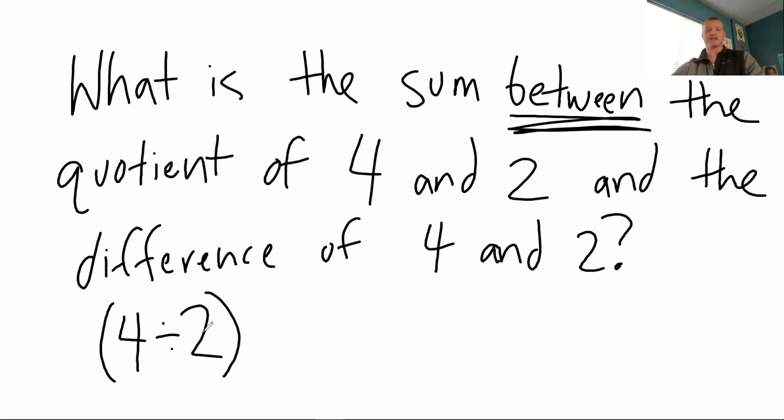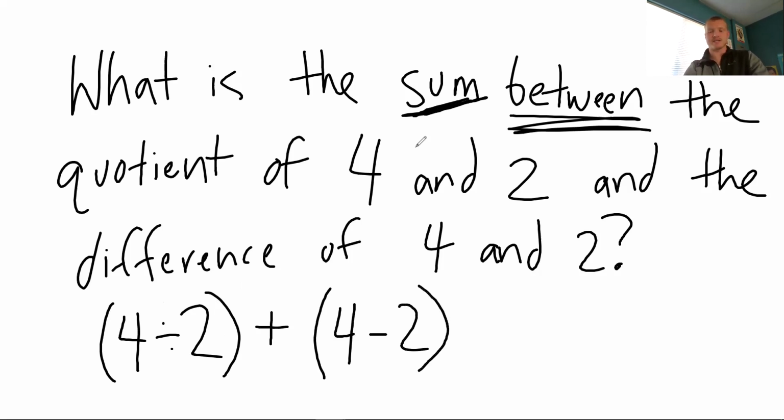So 4 divided by 2, that's my first set of numbers that I'm working with first. And then that's where I use the sum. And then I'm going to have the difference of 4 minus 2, which is just what Grace said.